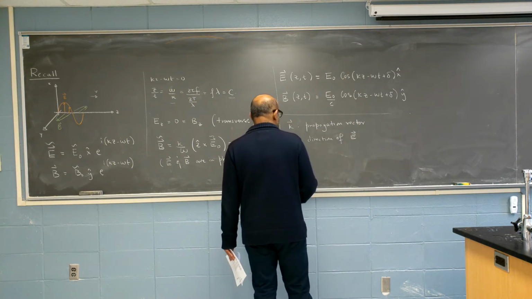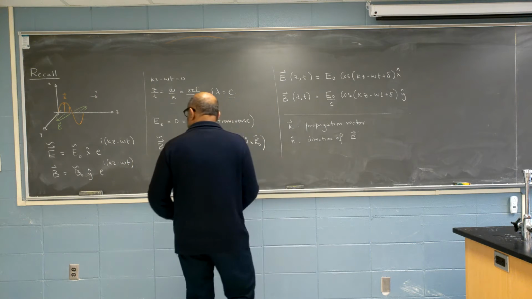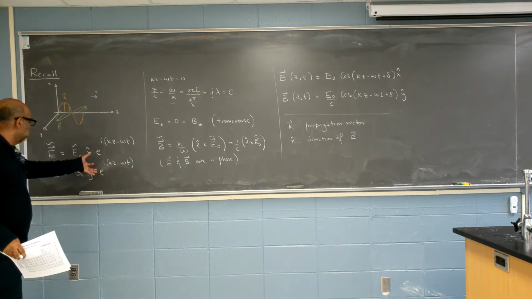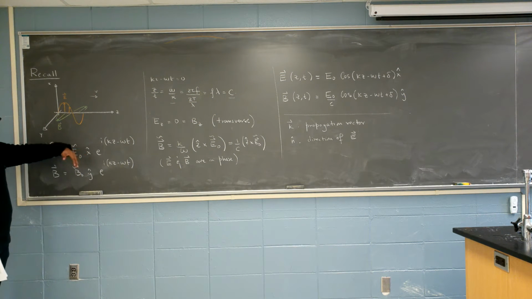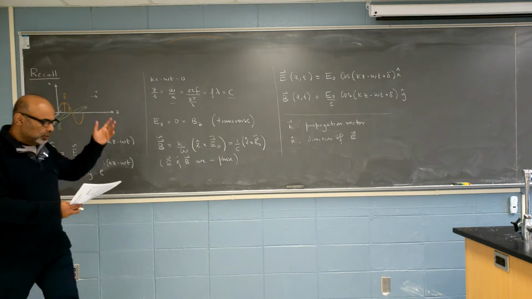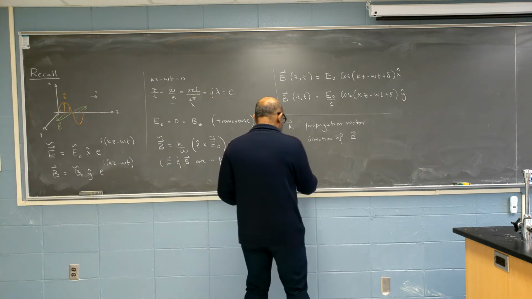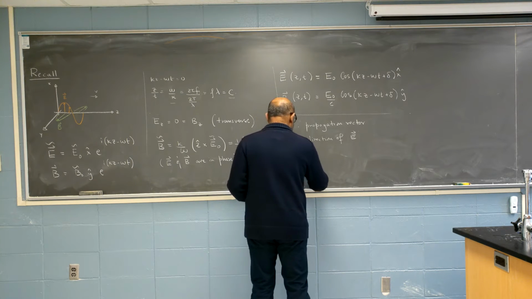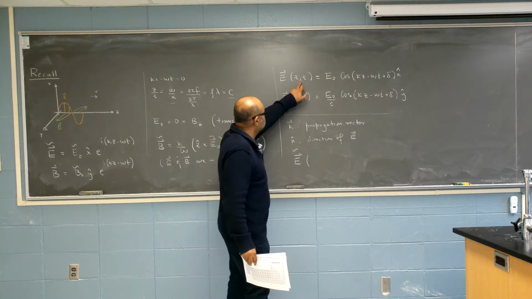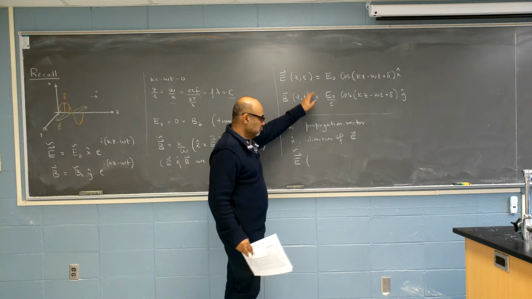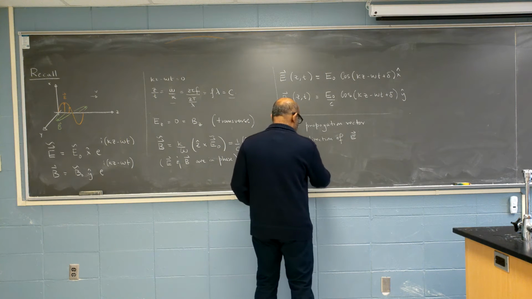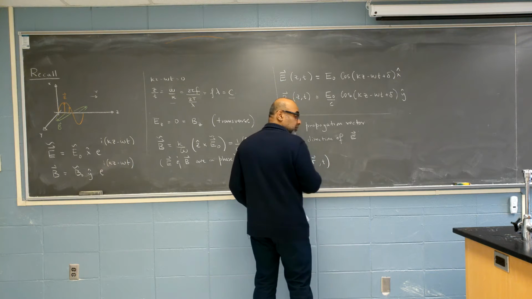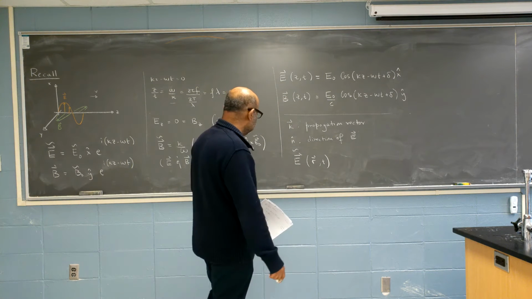So what do I mean by that? I'm going to take this expression and write it for not just this case, but the arbitrary case. It's so easy to generalize. And here it is, E vector, let's make it complicated. See, here we had z and t. I'm going to make it r, any direction that we want.